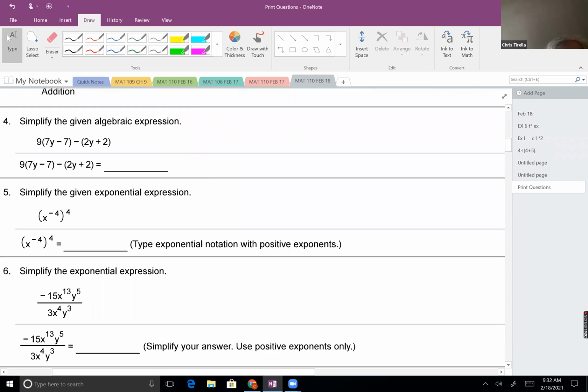Four asks us to simplify the given algebraic expression. The expression is 9 times parentheses 7y minus 7 close, minus 2y plus 2. Order of operations says to start inside the parentheses, but they're not like terms. I can't do that. So now what should I do?